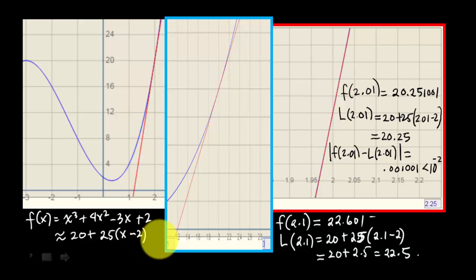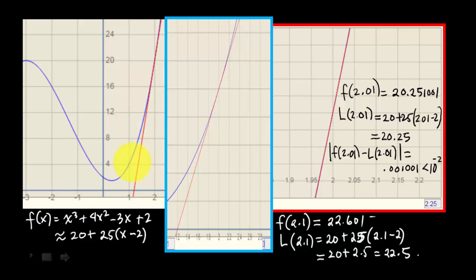But it only works if it's a localized version, because I can't use the same tangent line to approximate, say, let's say 1.2 right here, because there's the linearized version and that's the actual version. That is a huge gap between the two of them.